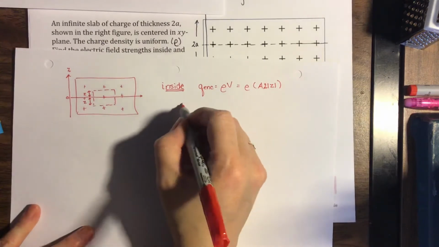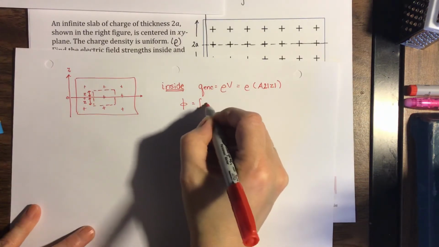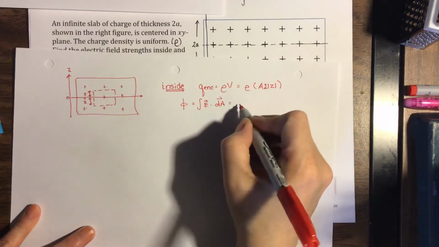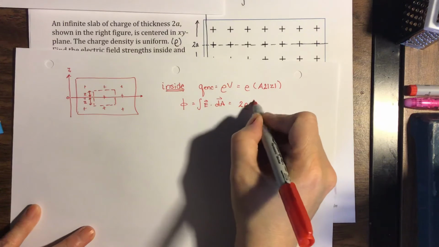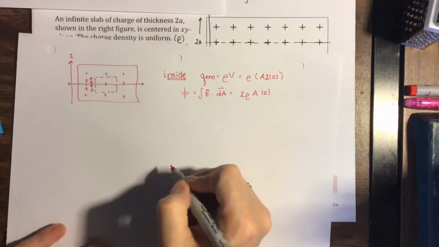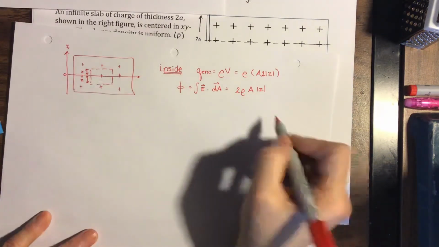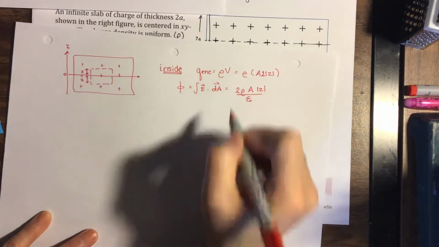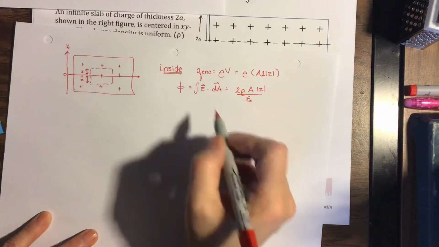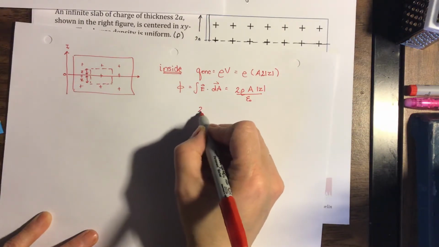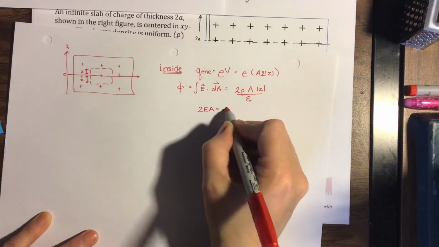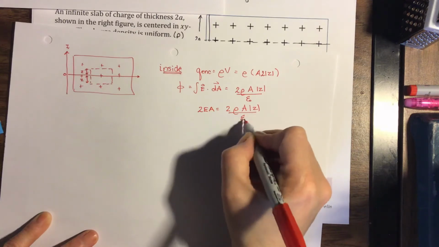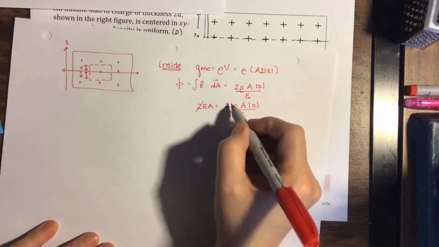Now I'm going to apply Gauss's law. Net electric flux is the integral of E dot dA equals my charge enclosed, which is 2 times rho times A times the magnitude of Z. Absolute values here because I need my charge to be positive, divided by epsilon naught. So I know from my previous result E dot dA is 2 times E times A equals 2 times rho times A Z over epsilon naught. We have some stuff cancels. We have a 2 on either side.